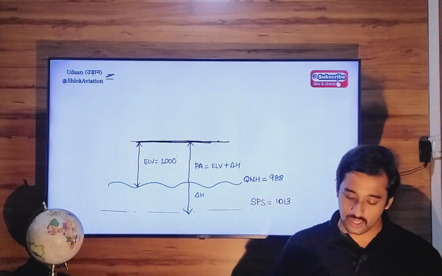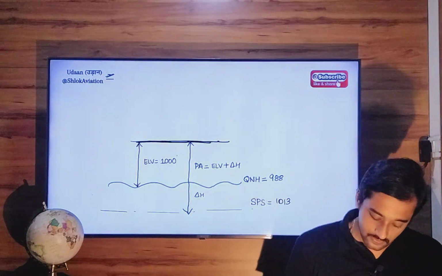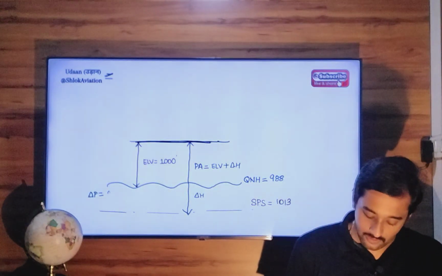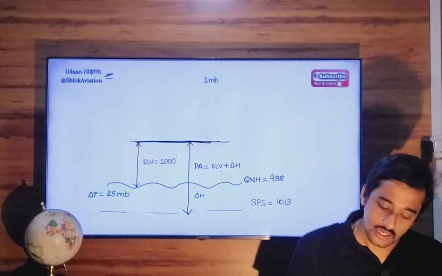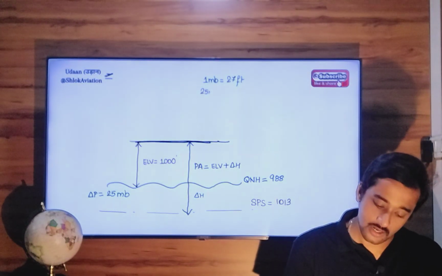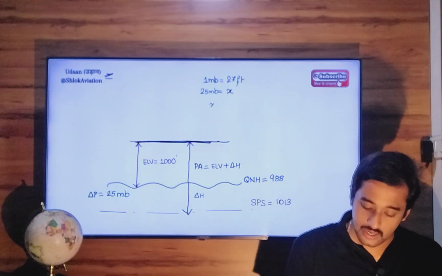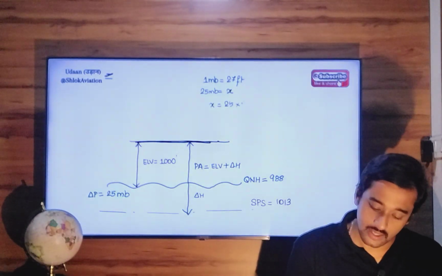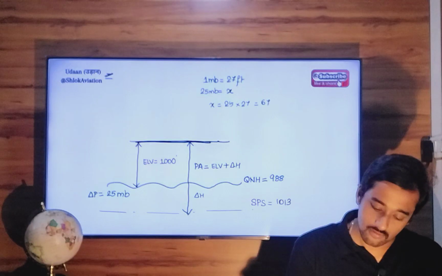So the difference between them is 25 millibars. Now 1 millibar of pressure difference is equal to 27 feet of height difference. So 25 millibar of pressure difference will be how much height difference? It will be 25 into 27, that is 675.